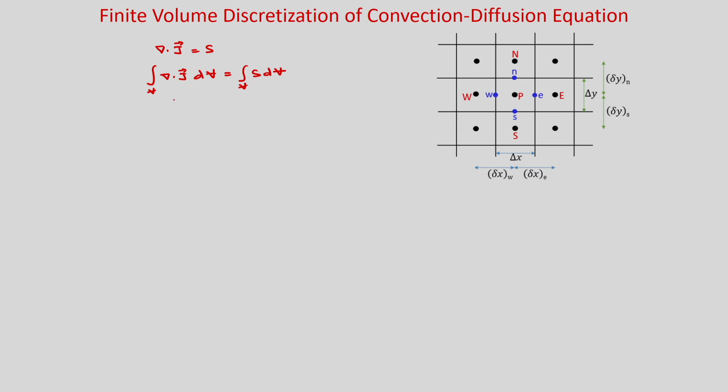Now, use the Gauss divergence theorem. Now we are converting the volume integral to a surface integral. So, the surface integral of J dot dS is equal to the volume integral of S dV. We followed the same procedure. Till now we have not assumed anything.